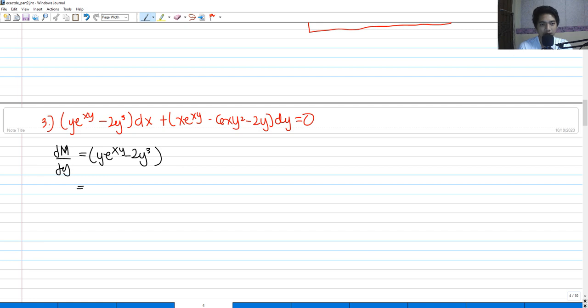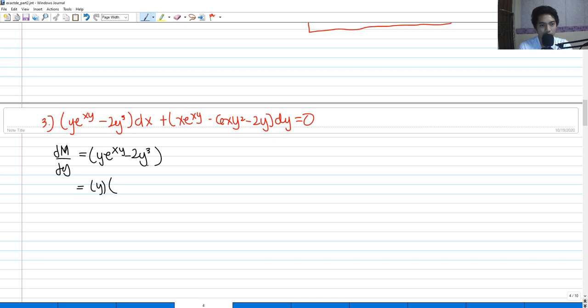This term y e raised to xy contains y in both factors, so we have to perform the product rule. First, I copy the first one, y, and differentiate e raised to xy with respect to y, considering x as a constant.